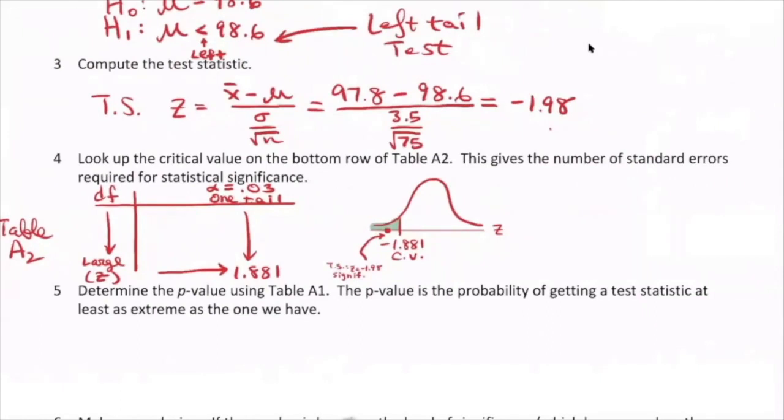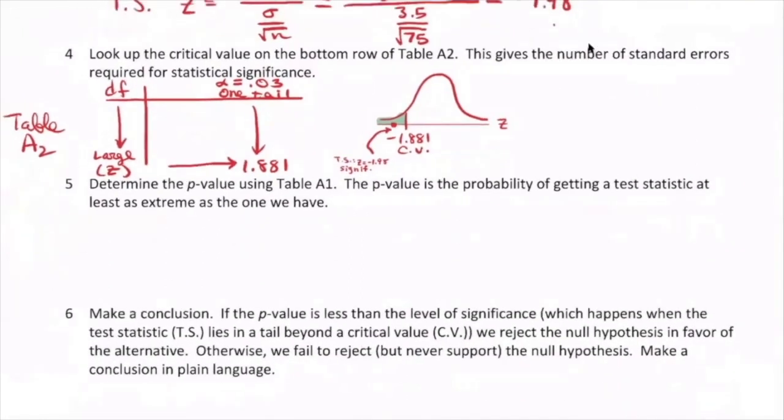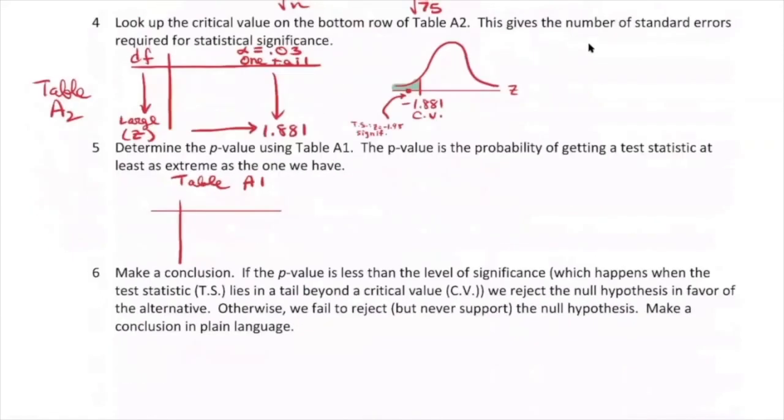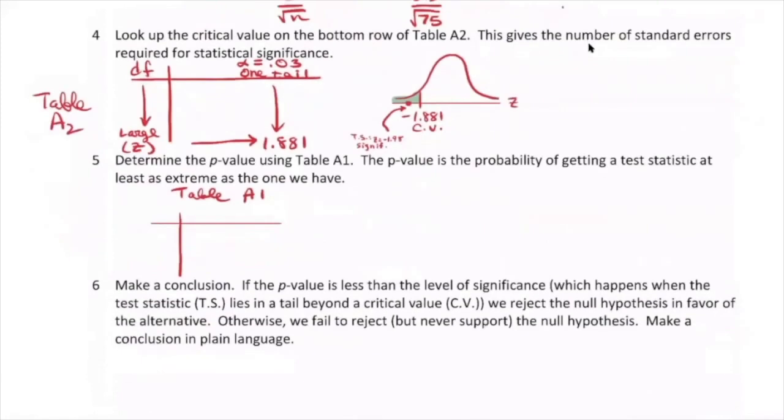Then comes the p-value, table A1 still. So here we go. This is our test statistic now. Find how probable it is to get something this small. We got negative 1.98. So for z, we go down to negative 1.9, and then over to 0.08 to get that probability.